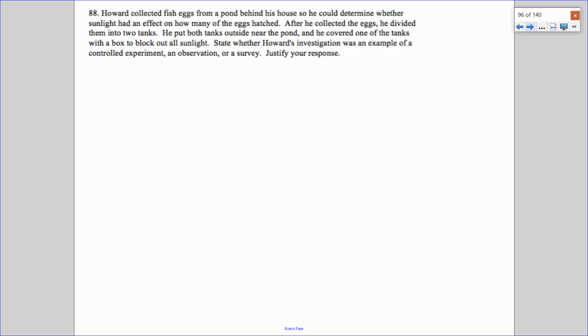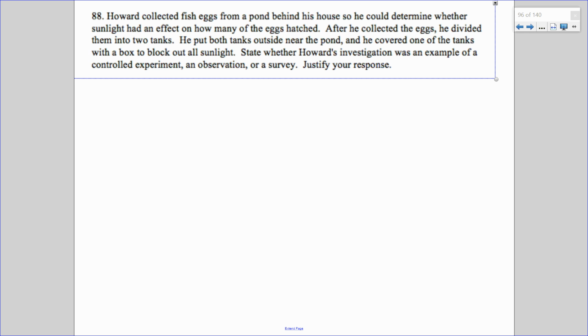So, controlled experiment as opposed to observational study.